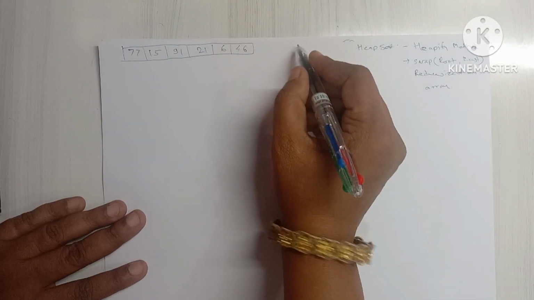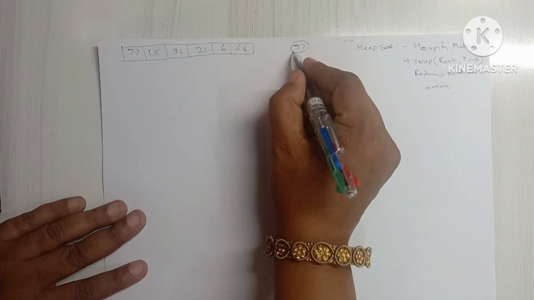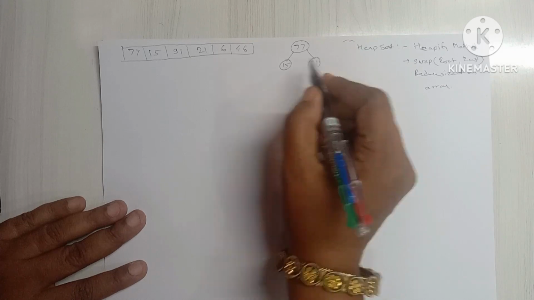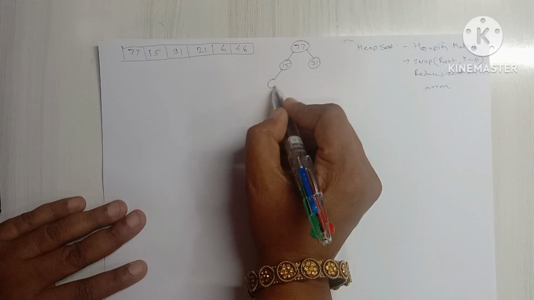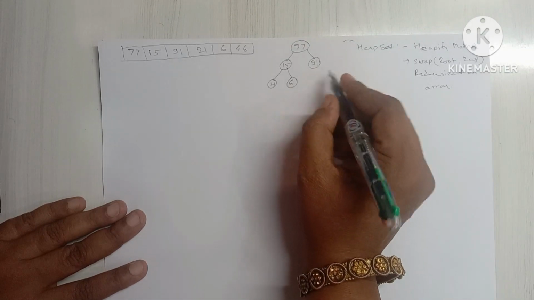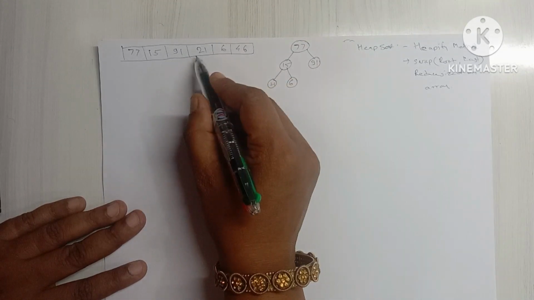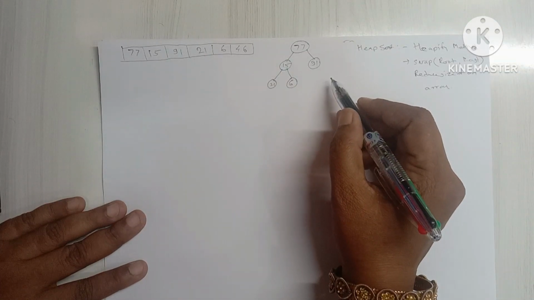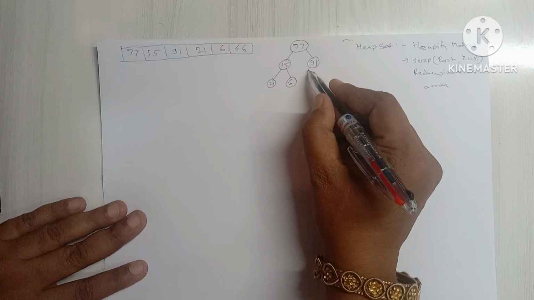How will your tree look? 77, here is 15, left to right we need to go. After that 91, the next level 21, 6, and then the next level is 46.